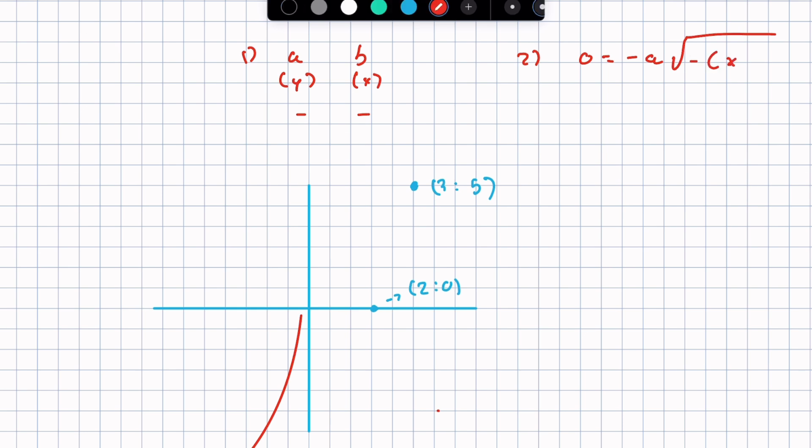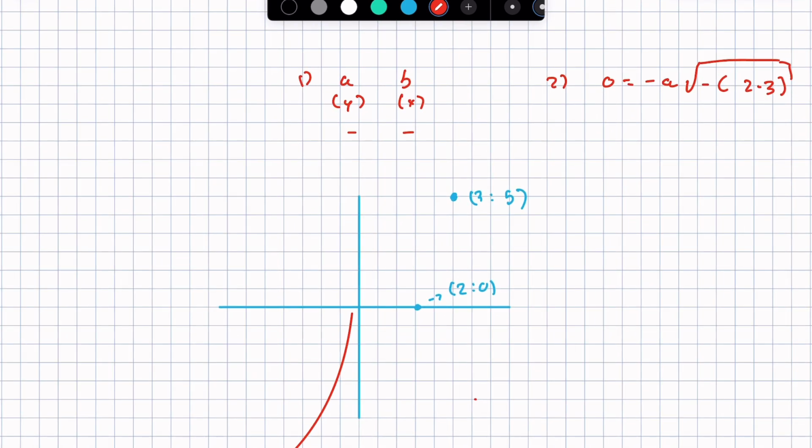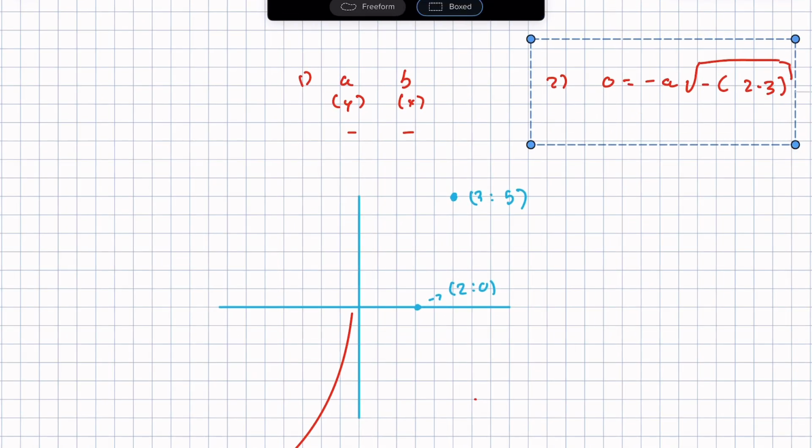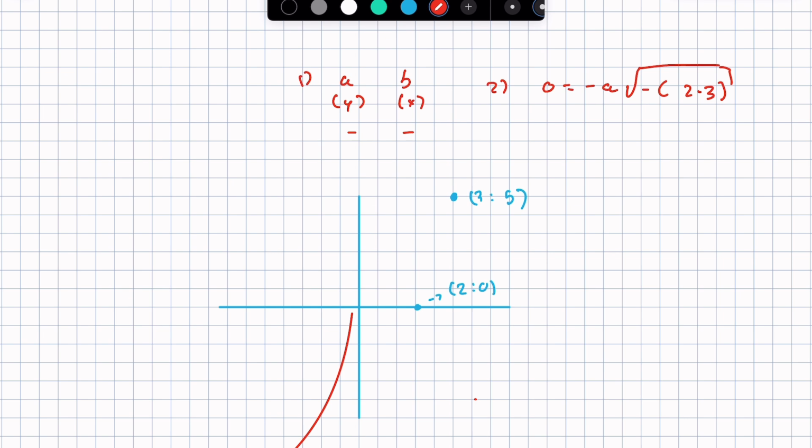Racine carré, X is 2 minus 3. Plus 5. Simplify it, you're gonna find the A, dot, dot, dot, okay? So the règle is gonna be f de x égale à moins a racine carrée de moins 2 moins 3 plus 5.